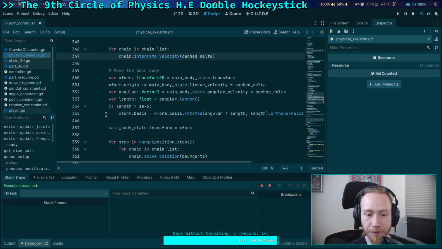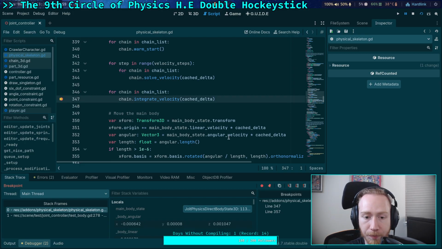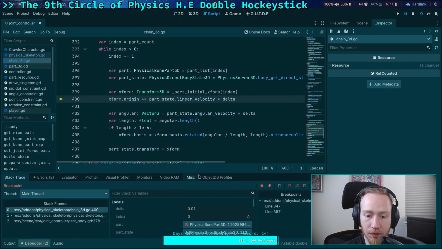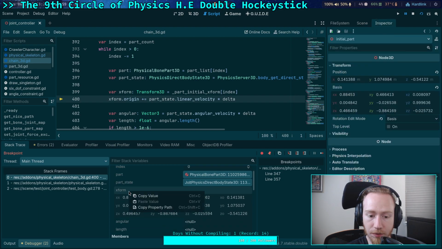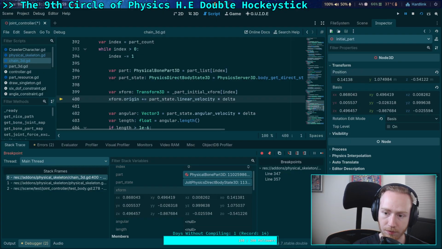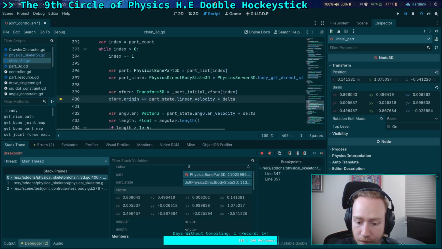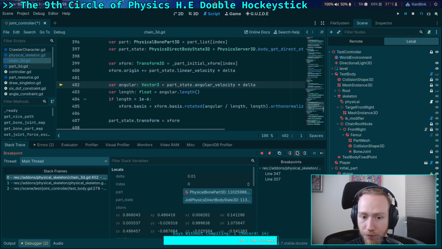Okay, so on the frame. Right. Right. So then I will see the moved part.